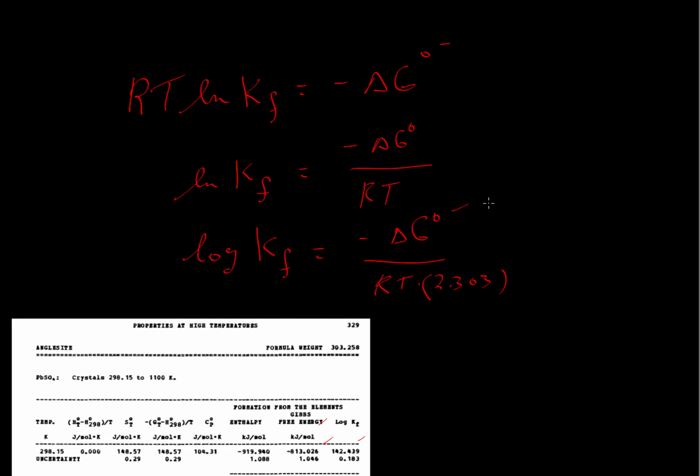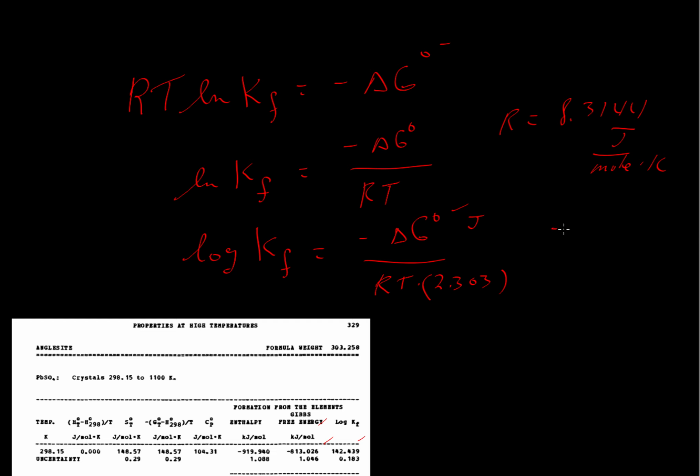Now over here, if we're going to use the gas constant R in units of joules per mole dot Kelvin, it's about 8.3144. That's in joules per mole dot Kelvin. And that means this has to be in joules also, not kilojoules. So we had minus 813 before for kilojoules.